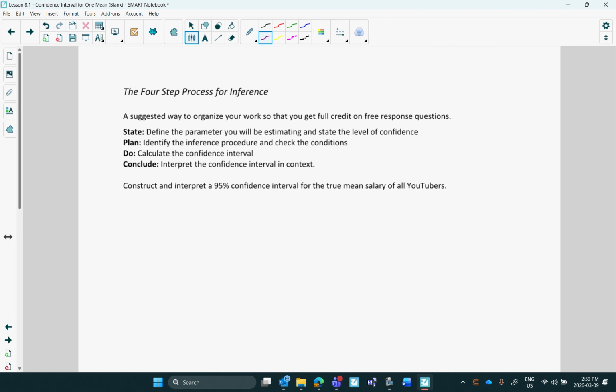So just to finish this up, we're going to address the same problem with state, plan, conclude. So state. What are we going to do at the state level?